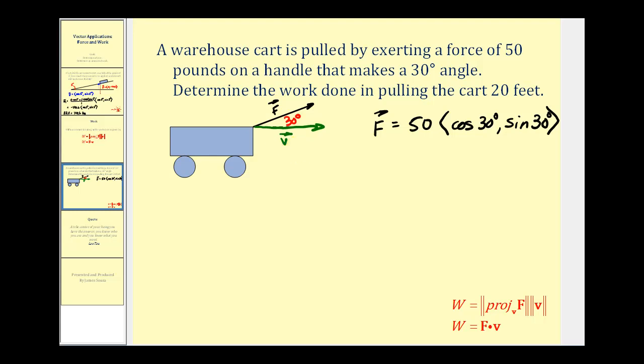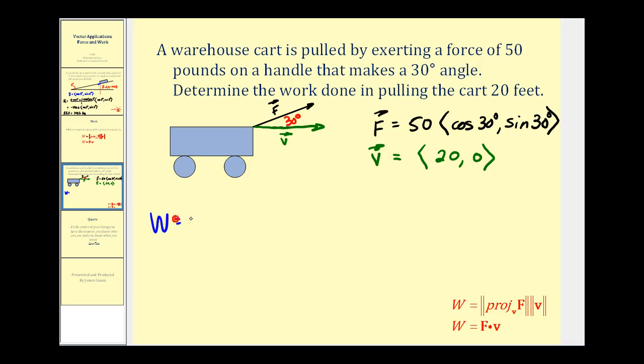And then for vector v, since it's being pulled 20 feet horizontally, we could represent that using the vector 20, 0. So now that we have vector f and vector v, we can go ahead and use our second formula, and the dot product of these two vectors will give us the amount of work needed to perform this task.